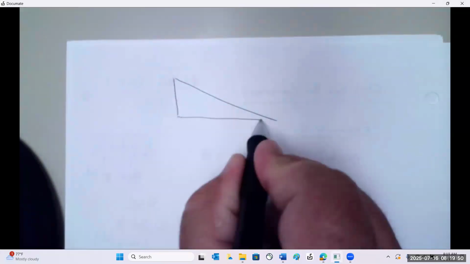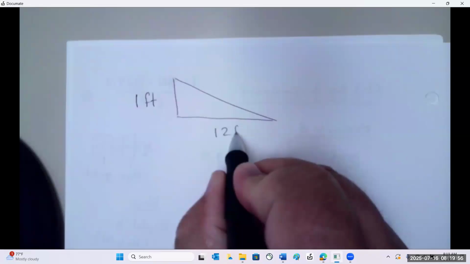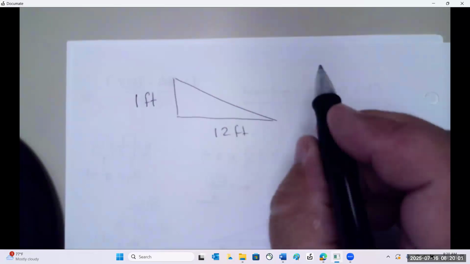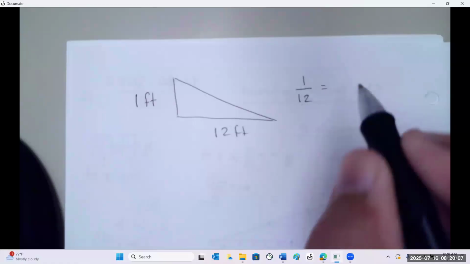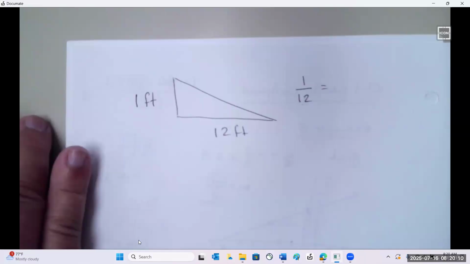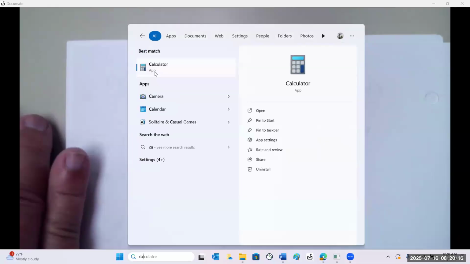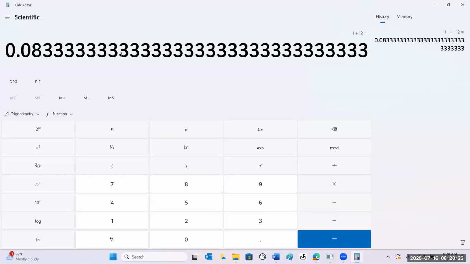What it says is for every 1 foot that it goes up, it has to go out 12 feet. So the rise over run, 1 divided by 12.